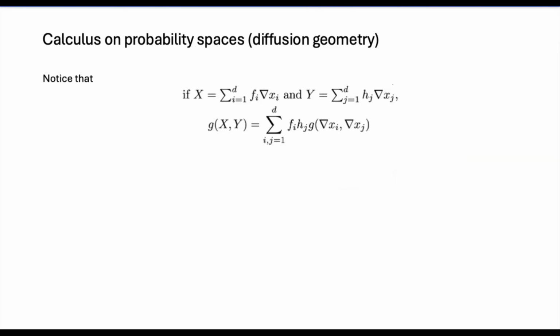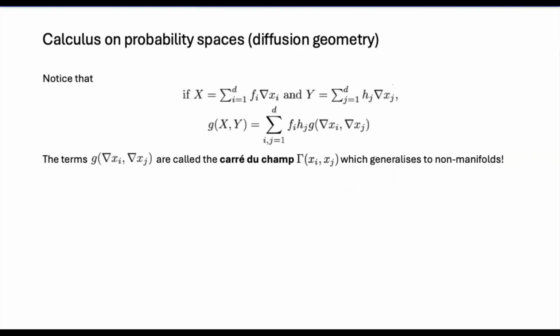So because it's bilinear, because it's a dot product, you can take these functions and you can factorize them out. So you can take x and y, which are these sums, and you get this double sum, and everything simplifies down. And the point of this formula is that that expression on the right, which is the metric of the gradients of things, has this sort of more general form.